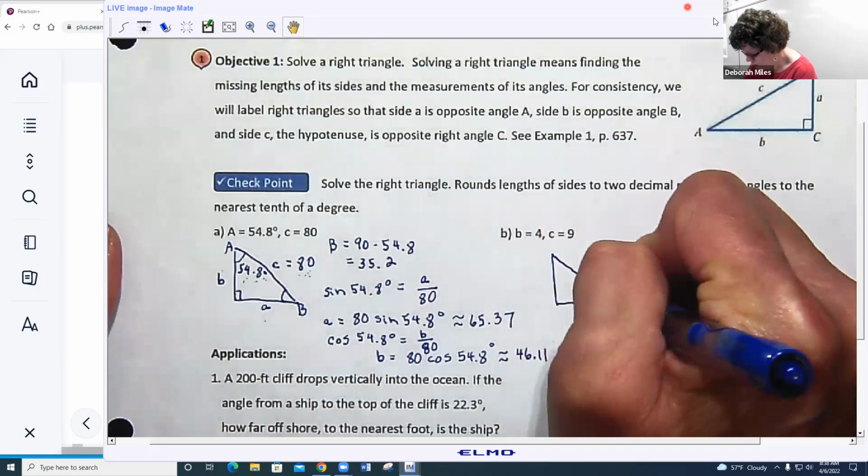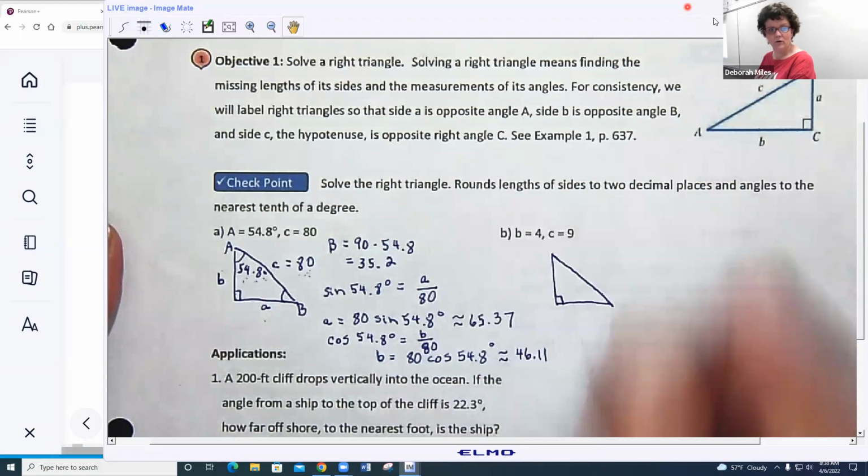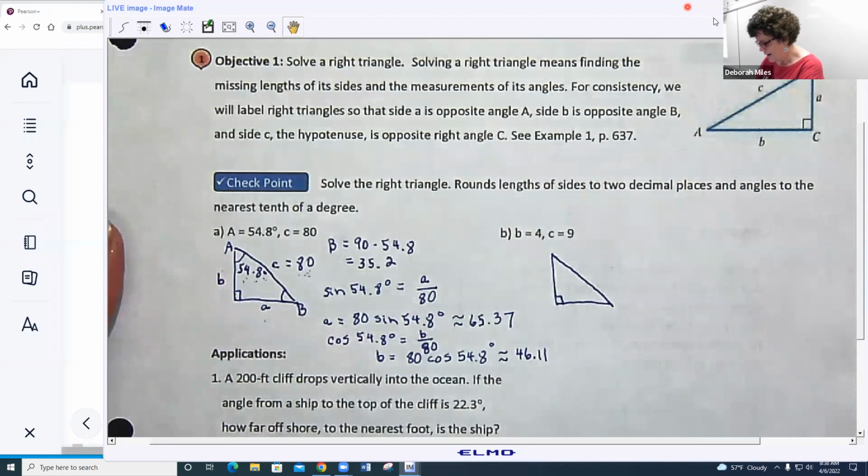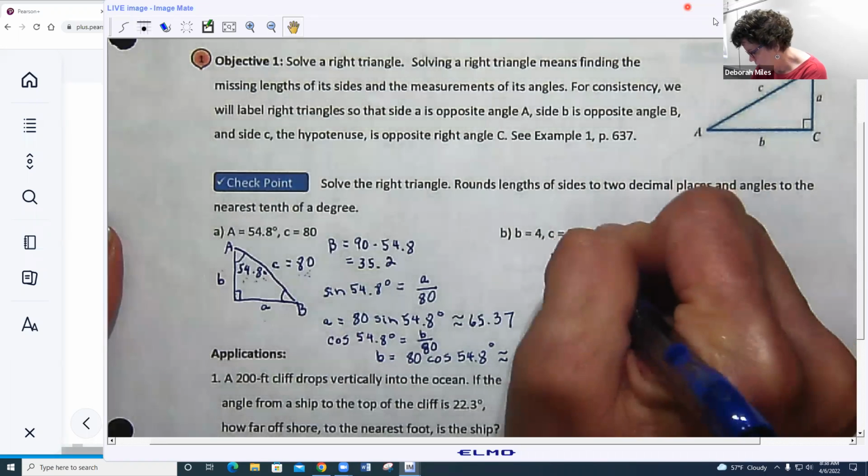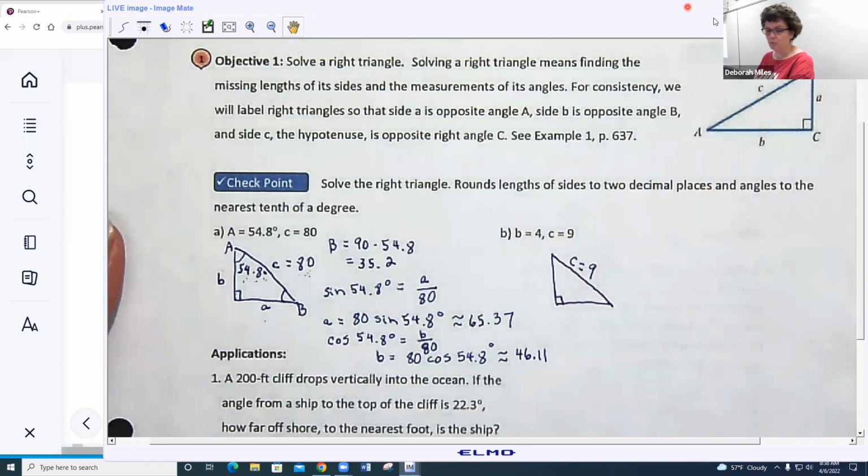And so it has a right angle, and opposite that right angle is the hypotenuse, which we're given.